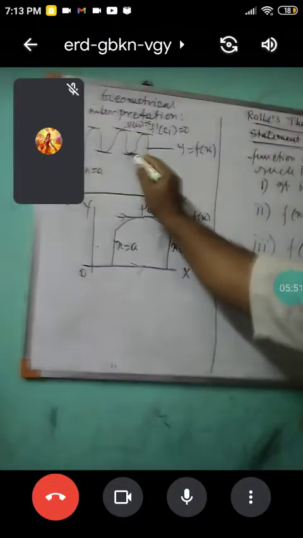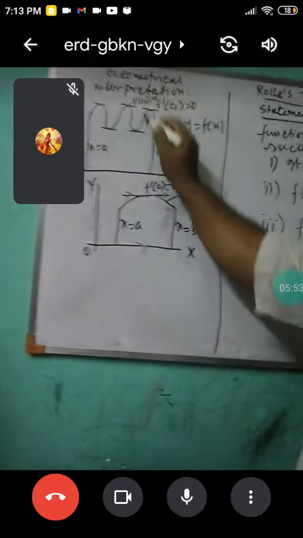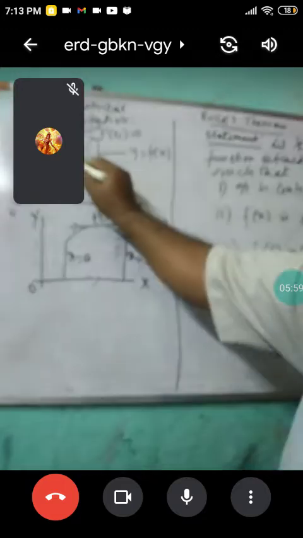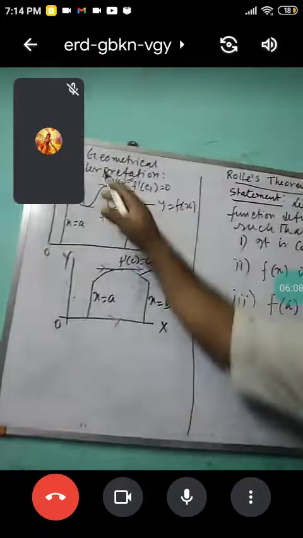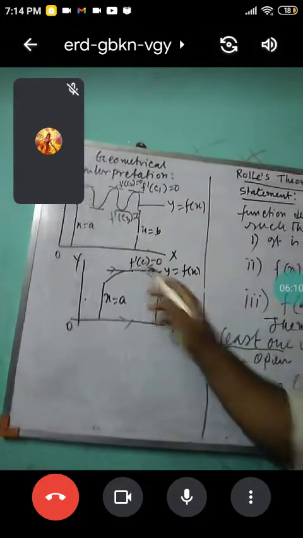Here I am getting the tangent. Suppose f'(c1) = 0, f'(c2) = 0, or at this point f'(c3) = 0. That means all these tangents are parallel to the x-axis. So many tangents are there in this curve, but here only at one point.